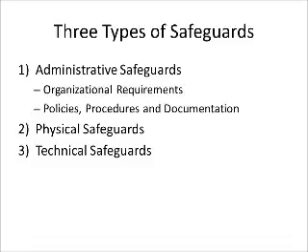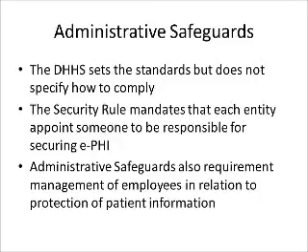These are things such as the locks and the doors and the safes and the computer systems that don't allow access. Number 3 are the technical safeguards. These are things such as the usernames and the passwords and the other types of firewalls that prevent unauthorized access.